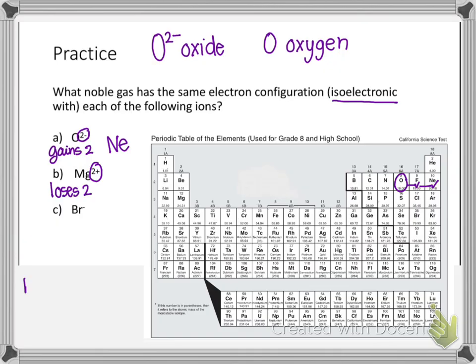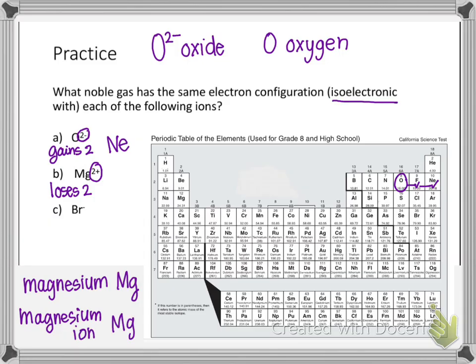Now, as far as calling the ions their correct names, the positive ions, the cations, don't change the name. So you have a magnesium atom, and then we just call its ion a magnesium ion.